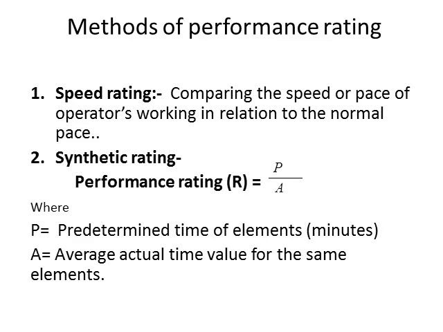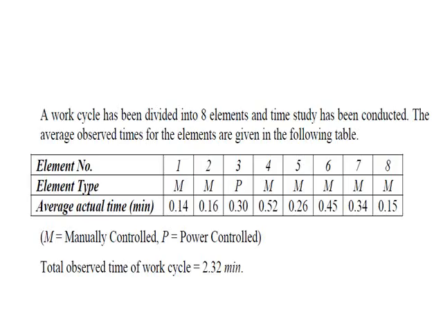By using some motion study methods, usually called PMTS, predetermined motion time system, we calculate the standard time for completing the job. That is P, the predetermined time, and A is the actual time. The rating factor will be P divided by A. Clear? Consider an example for more clarity.